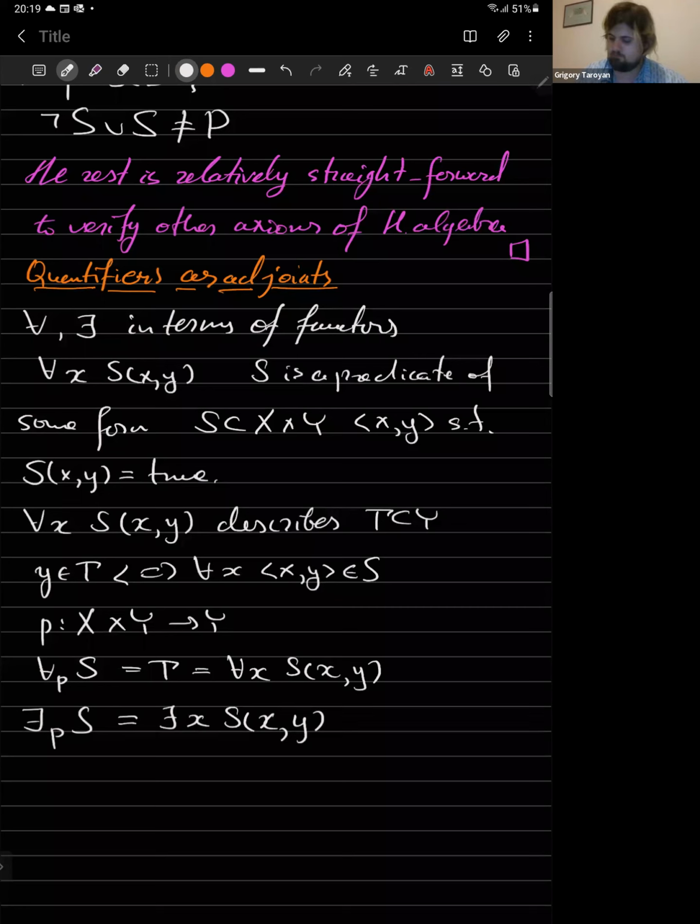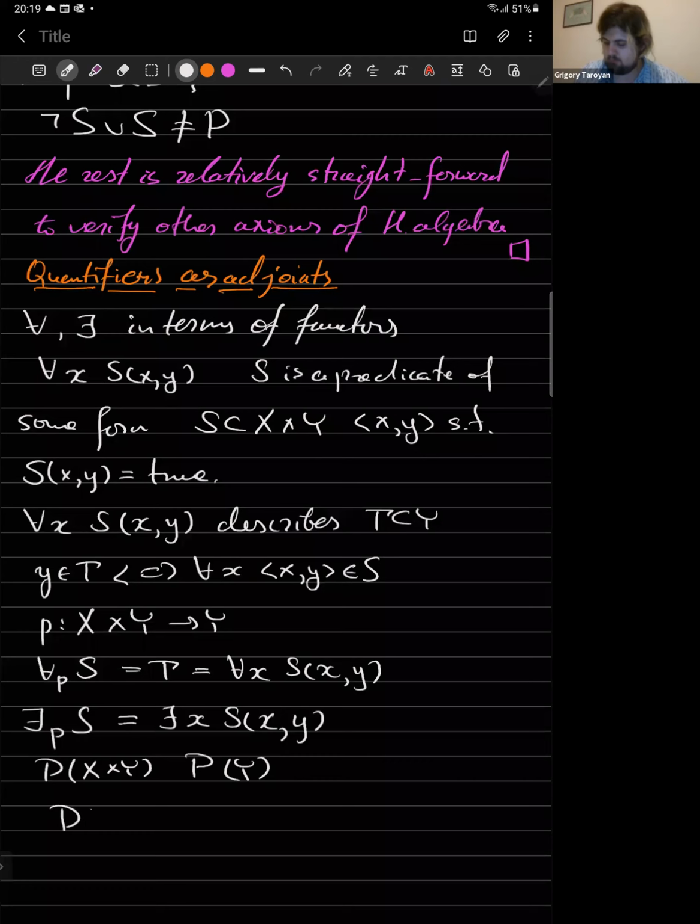And so we have two lattices which can be regarded as categories: Boolean of X times Y and Boolean of X, or Boolean of Y for that matter.